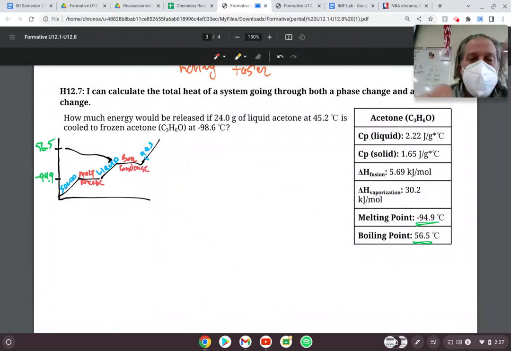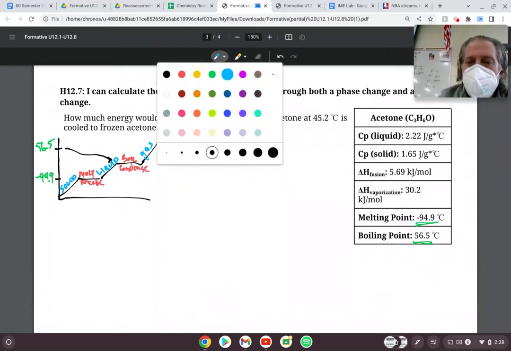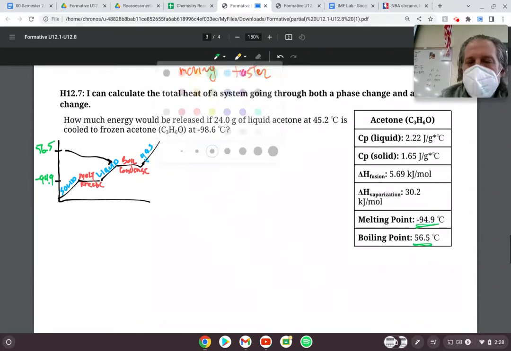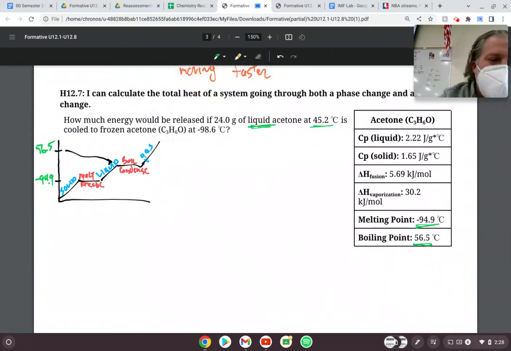And then in this case, oh, look at how nice we were. We told you that you're going to be liquid, starting at liquid acetone at 45 degrees Celsius. So that means I'm going to be somewhere in this ballpark at 45 degrees Celsius. And you're going to frozen acetone. That should tell you you're going to a solid at negative 98.6.